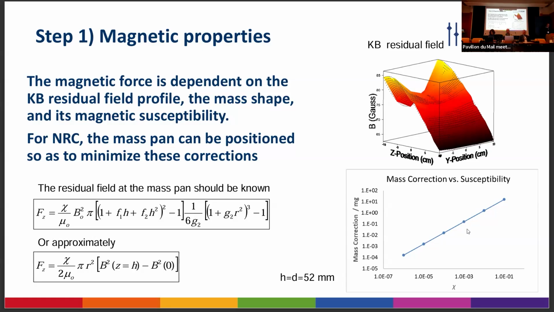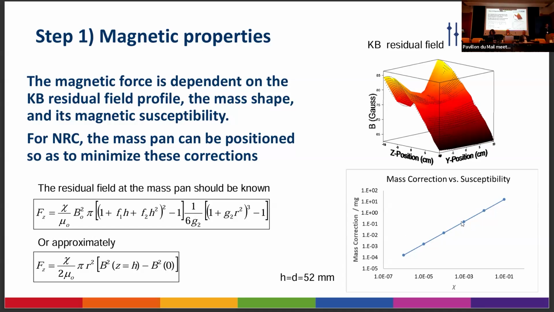Typically, this has been modeled with a cylinder of about 52 millimeters, which is the typical stainless steel 1 kilogram. You can start hitting about a microgram of contribution, or 50 to 60 micrograms of correction, at about 10 to the minus 3 on your susceptibility.